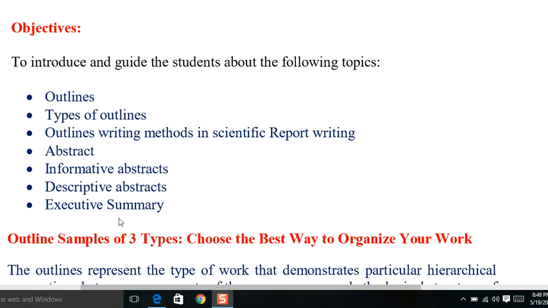We also drew a difference between the problem statement and the thesis statement.